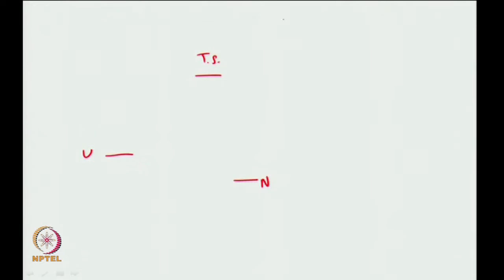Now, what is happening is, you are putting in helix stabilizing amino acids. If you are putting in helix stabilizing amino acids, what will happen? Now, I am saying is, in the first case, the transition state is affected, so is the native state.